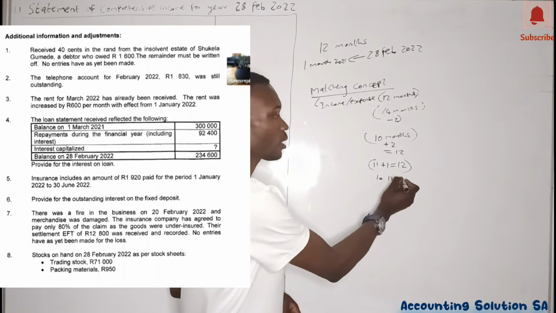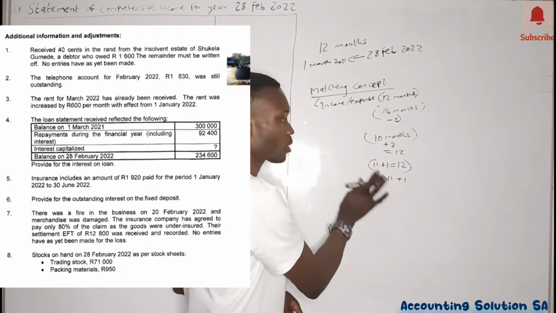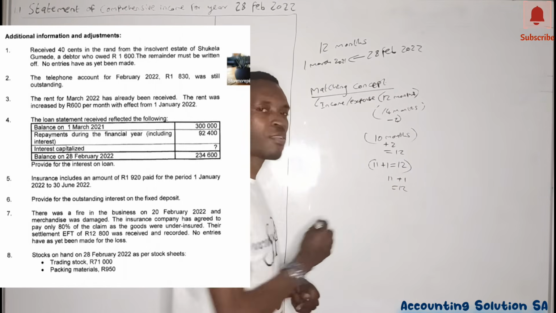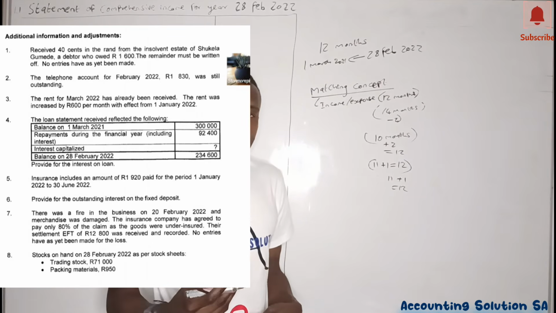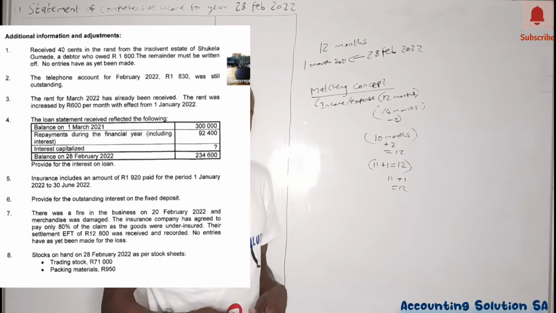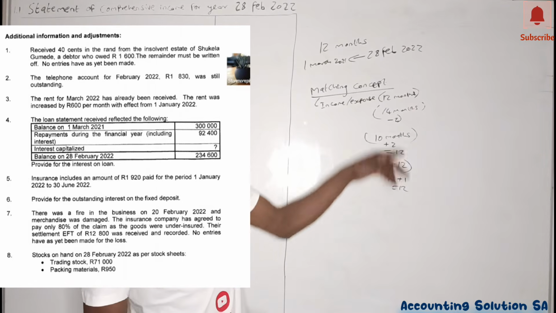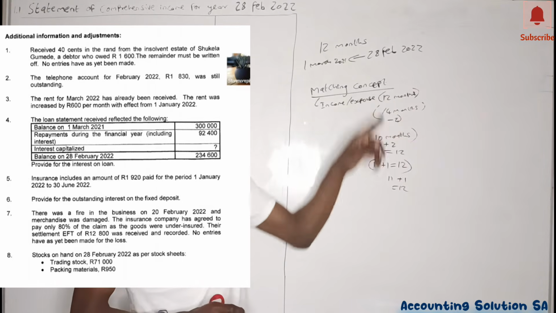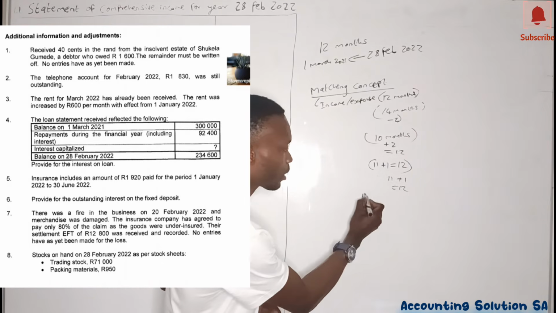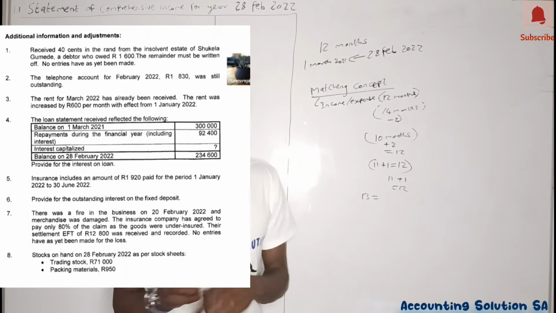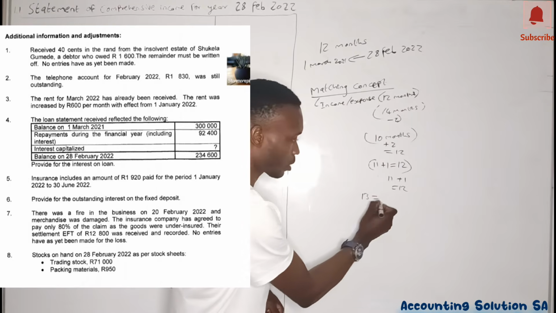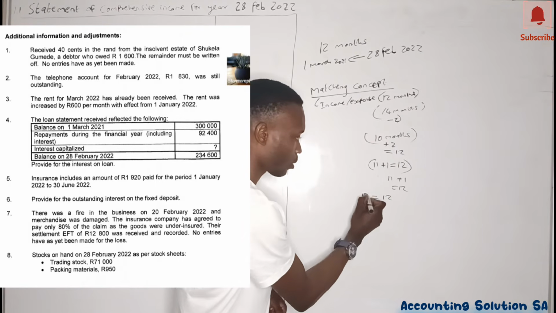We have to add so that it gives us 12. That's the principle. If they say there is cash that has been received in advance, which means that they over-recorded beyond 12 months, if they made it 13 months, we have to reduce 1 so that it gives us 12.